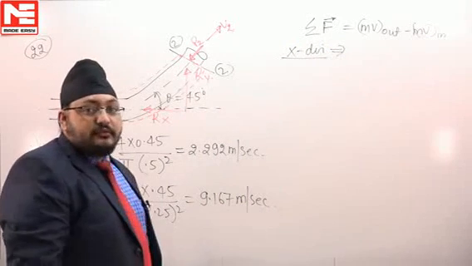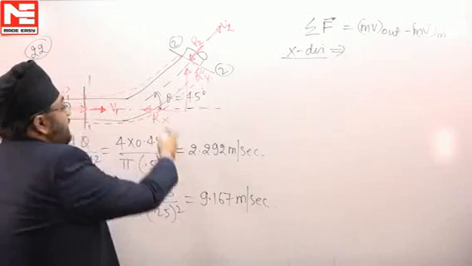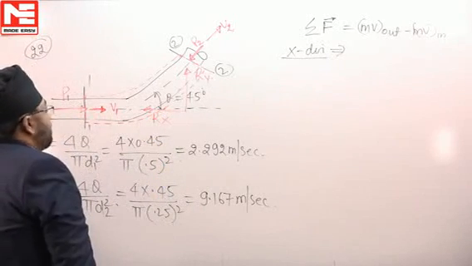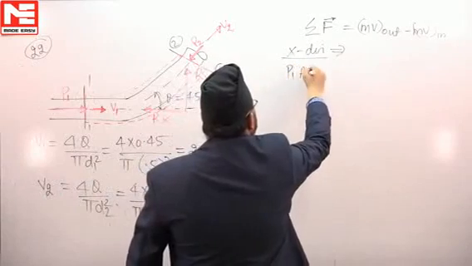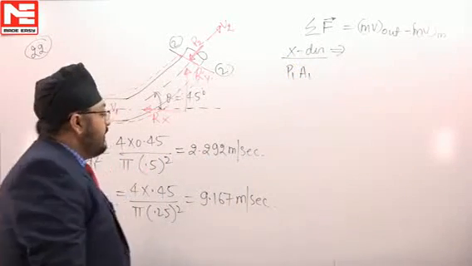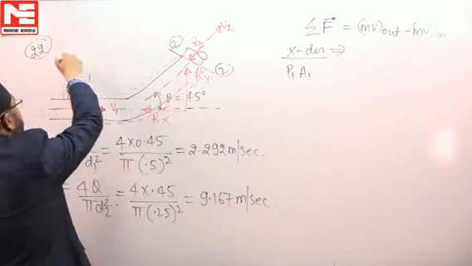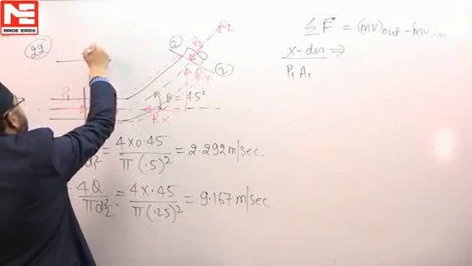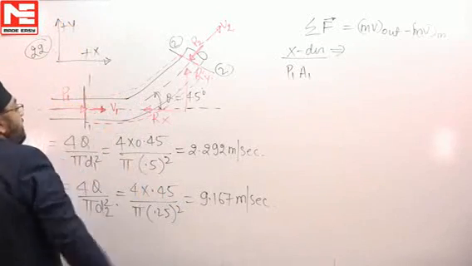Pressure force, gravity force, and these reaction forces. The pressure force in the x direction here will be P1 into A1. Suppose this is the positive x direction and this is positive y. So this pressure force is in the positive x direction.